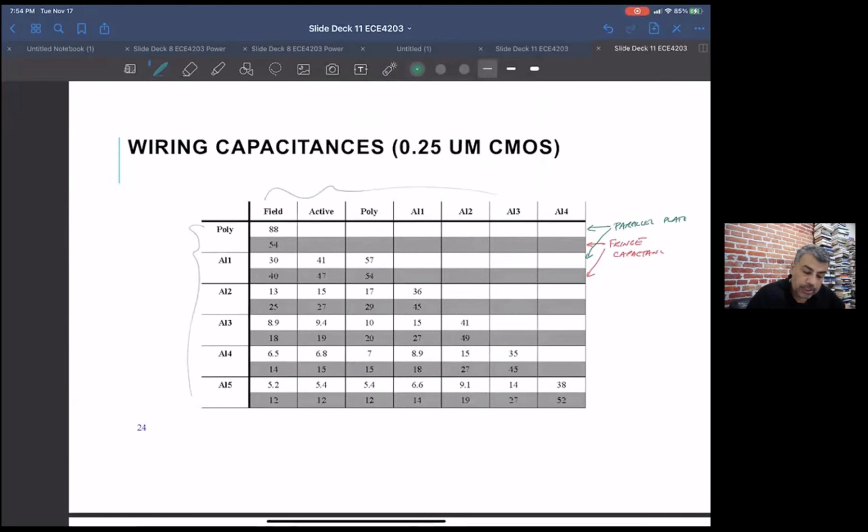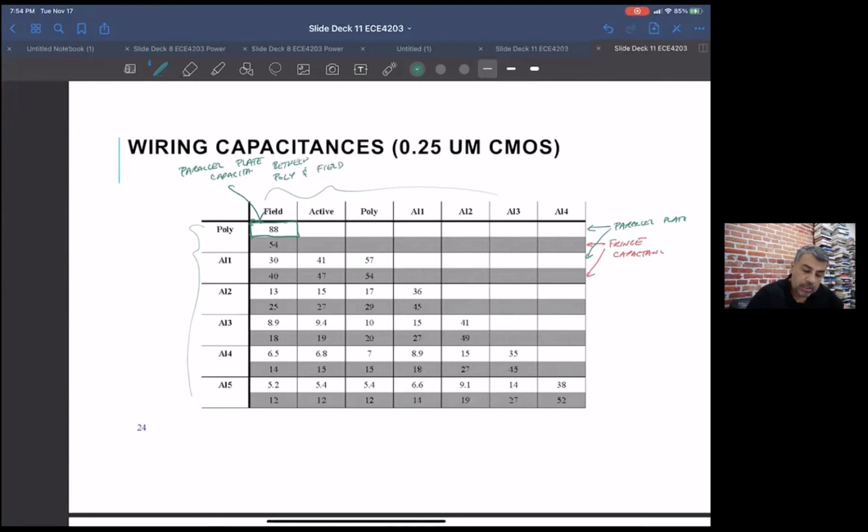So the way to read this is this 88 is the parallel plate capacitance between poly and field. Field is the same as the substrate.